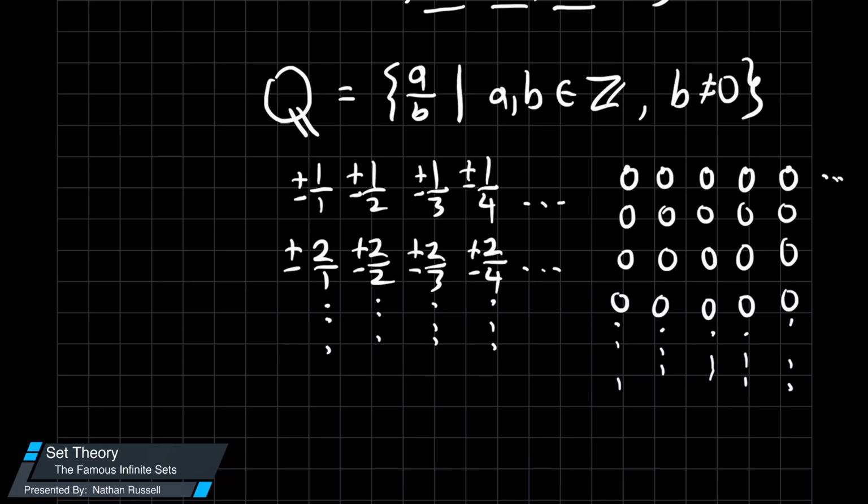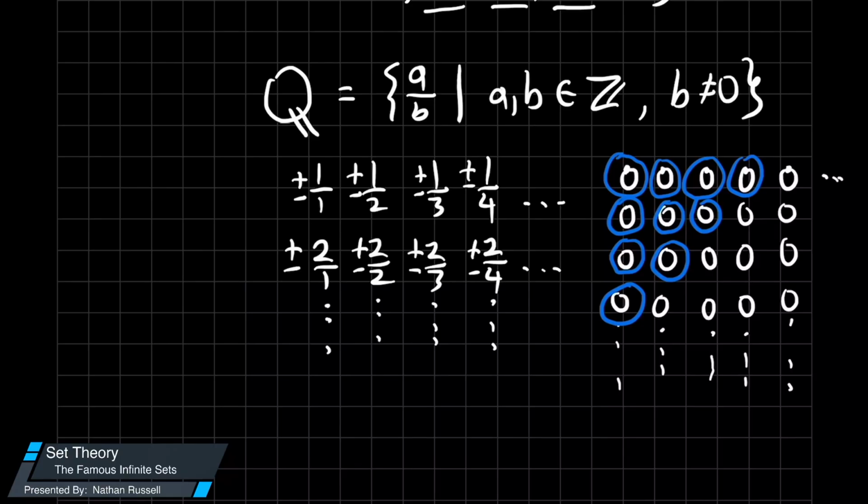Now notice how I can count through these rational numbers. Each circle represents a plus and a minus. So using my blue marker, I could go 1, 2, 3, 4, 5, 6, 7, 8, 9, 10, 11, 12, 13, 14, 15, 16, 17, 18, 19, 20.